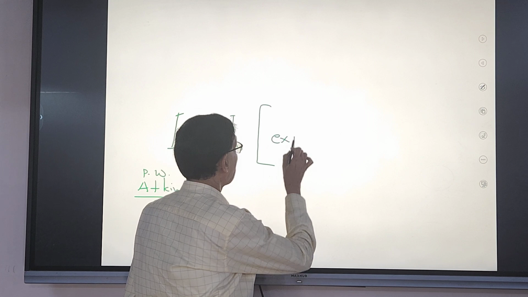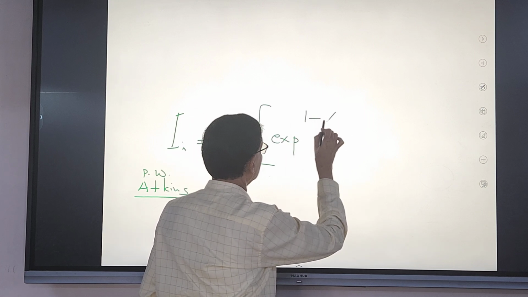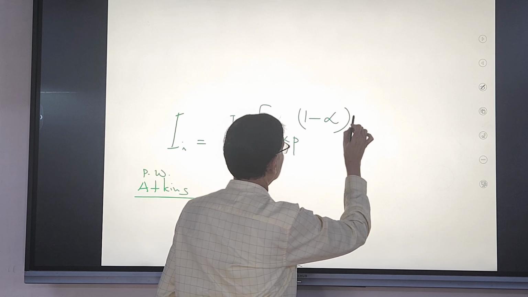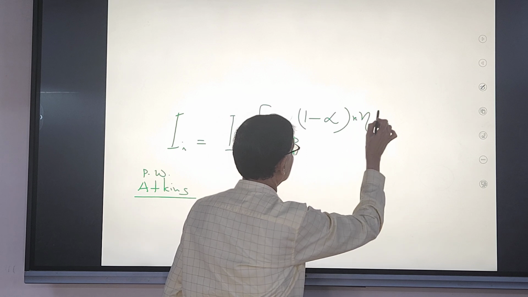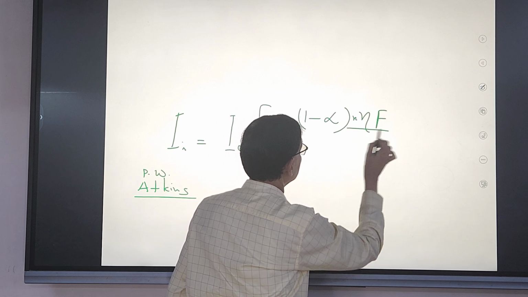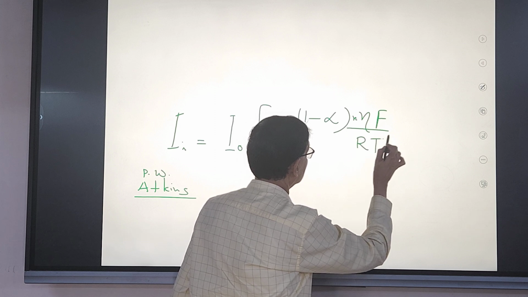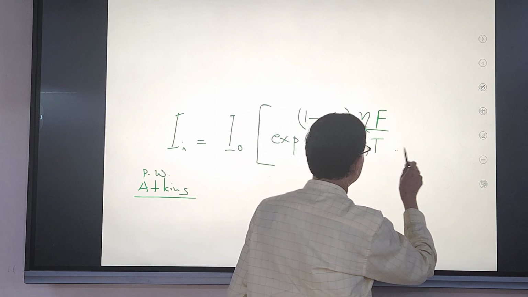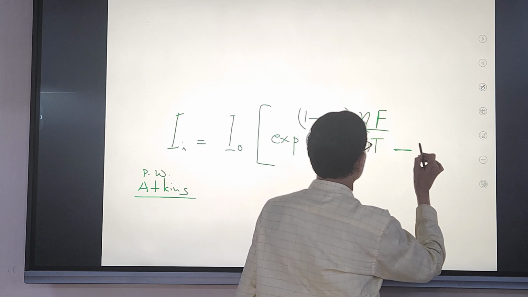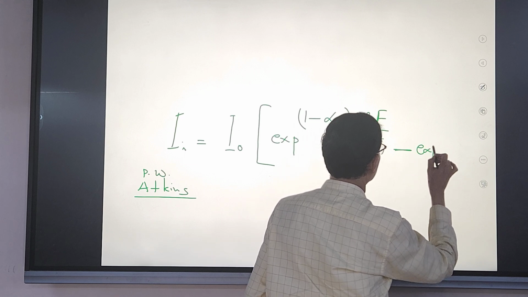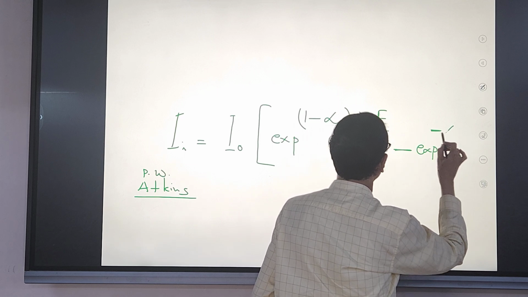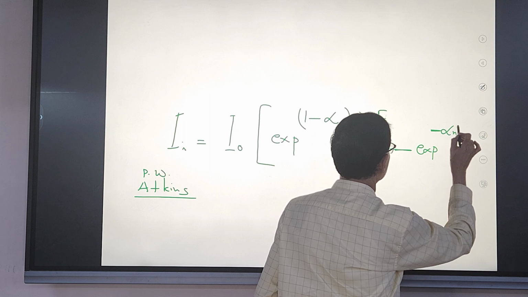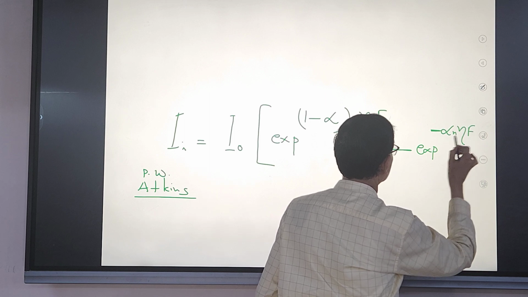Exponential 1 minus alpha eta F over RT, minus exponential minus alpha eta nF.